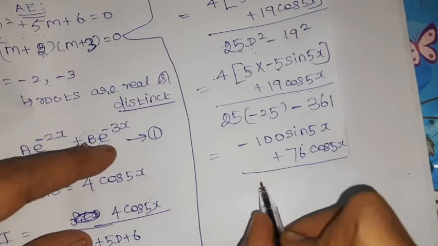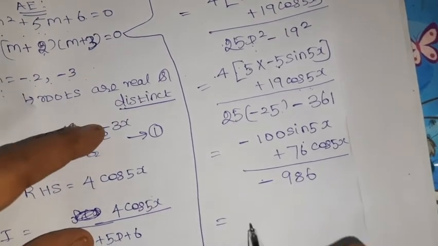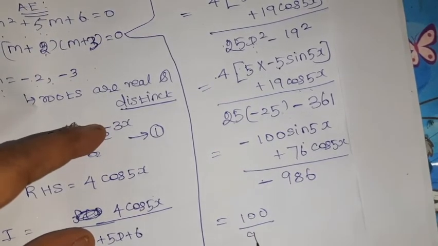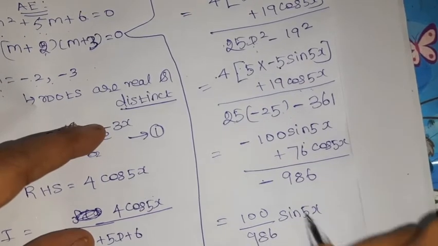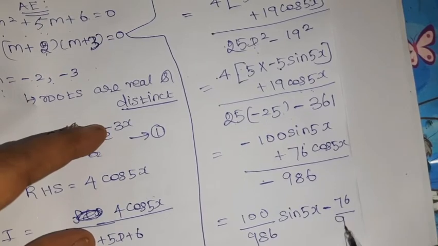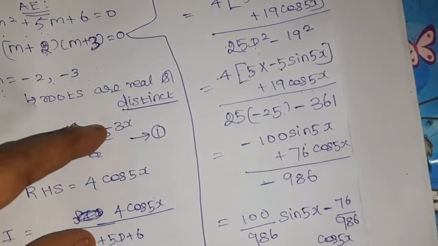By simplifying, the denominator is minus 986. So by separating, we get 900 by 986 sin 5x minus 76 by 986 cos 5x. This is equation 2.